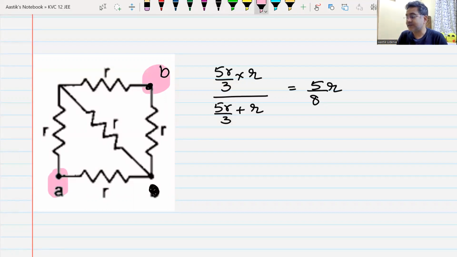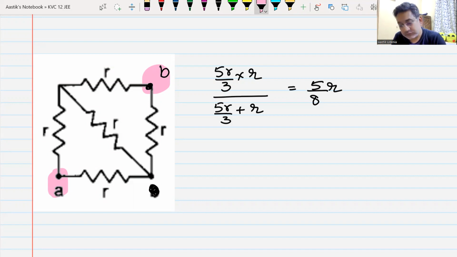Now what is the answer? It all depends on between which 2 points you are finding the effective capacitance or effective resistance.